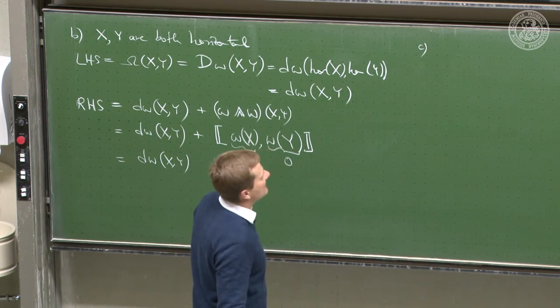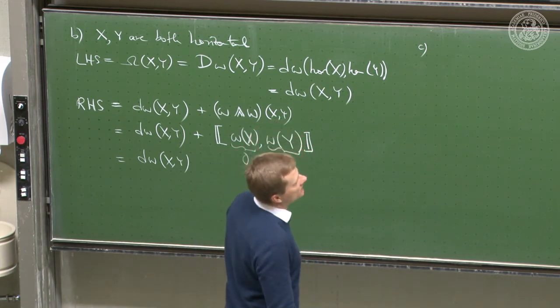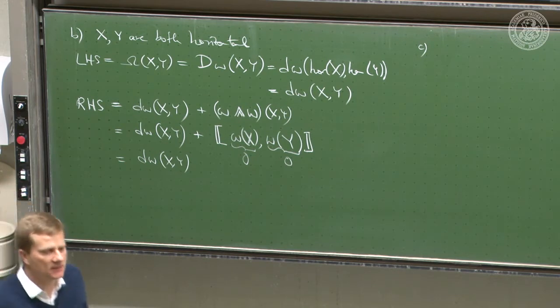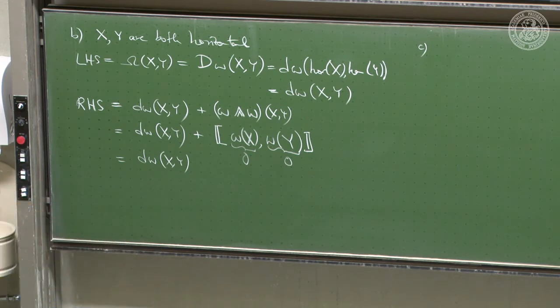And now we have the case C, that one of the vector fields is horizontal, the other one is vertical. It doesn't matter which, because on both sides we have antisymmetric expressions. So if we choose, in each case, the other one to be horizontal or vertical, then we'll get the same result with a minus sign, but on both sides, so it's the same again. Okay?